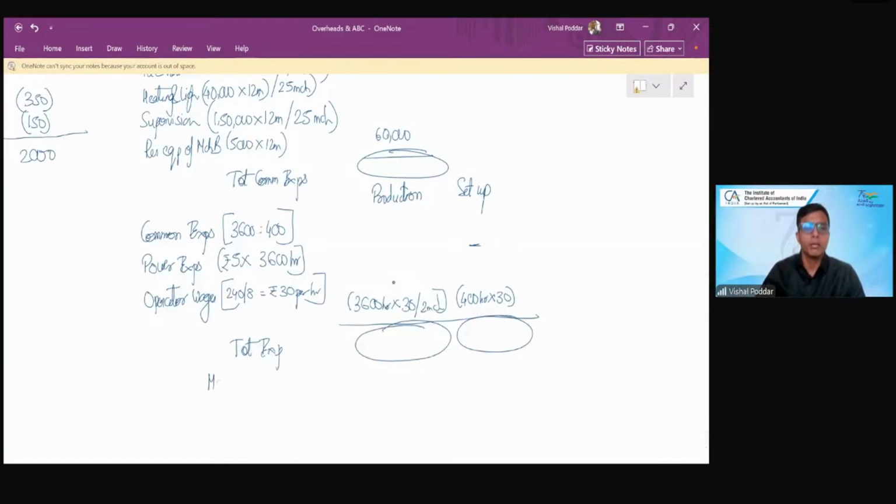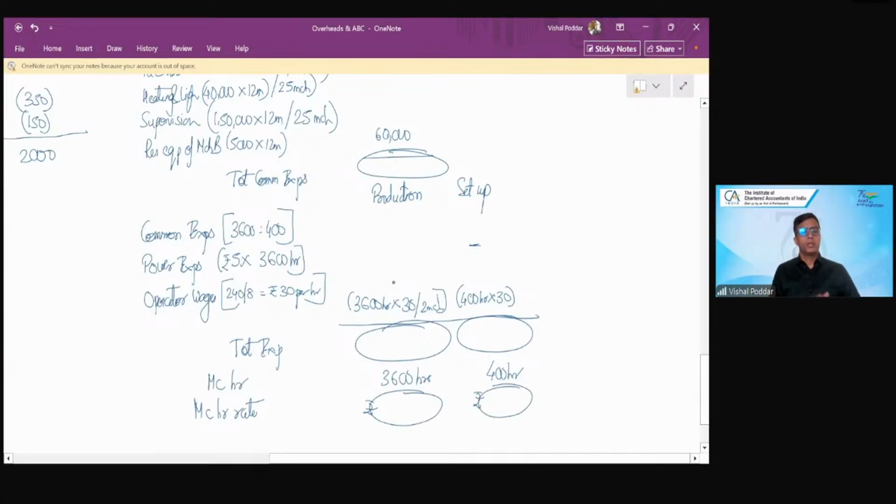Now I divide it by my machine hours. Production machine hours are 3600. Setup machine hours are 400. Now I will get my machine hour rate. And now you will be getting two separate machine hour rates, for production and for setup. So this becomes a case of dual machine hour rate.